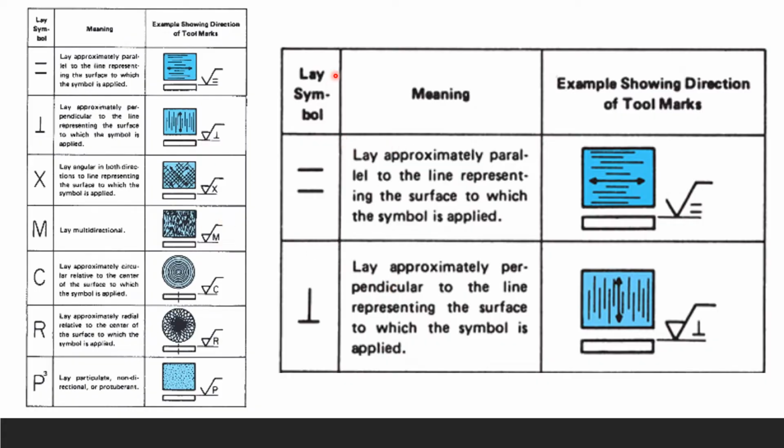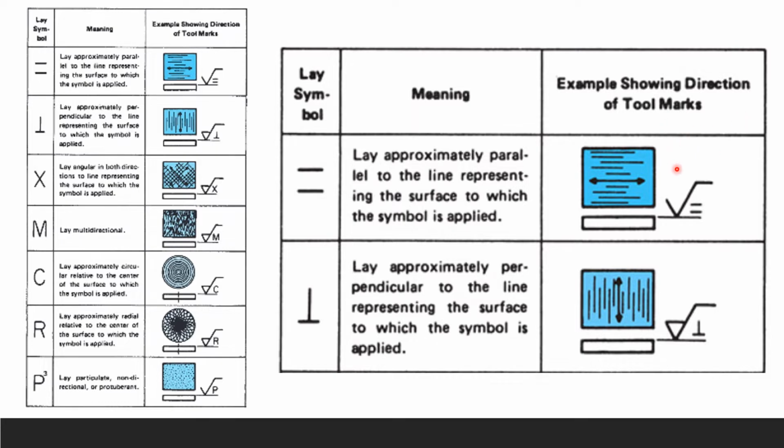So here's a lay symbol. We have the entire package right here in this table. I'm just going to show you 2 in an exaggerated picture. Lay again is the direction of your asperity. This lay is approximately parallel to the line representing the surface to which the symbol is applied.